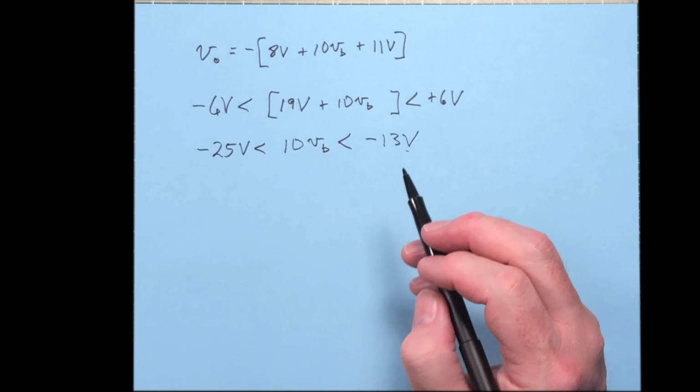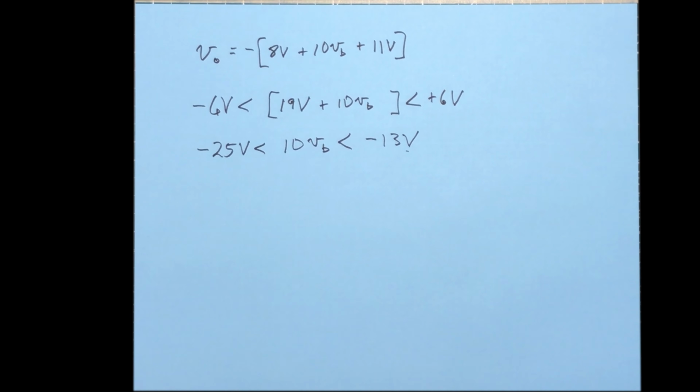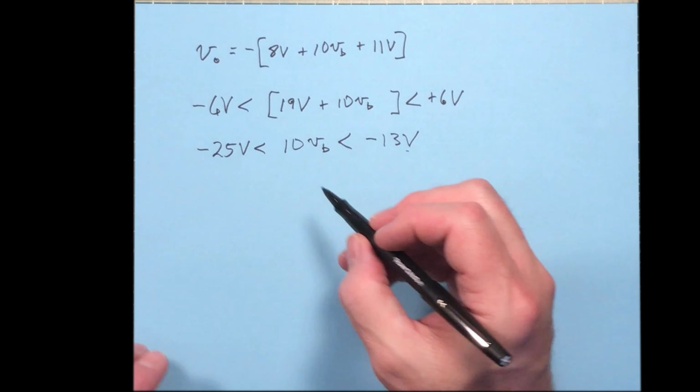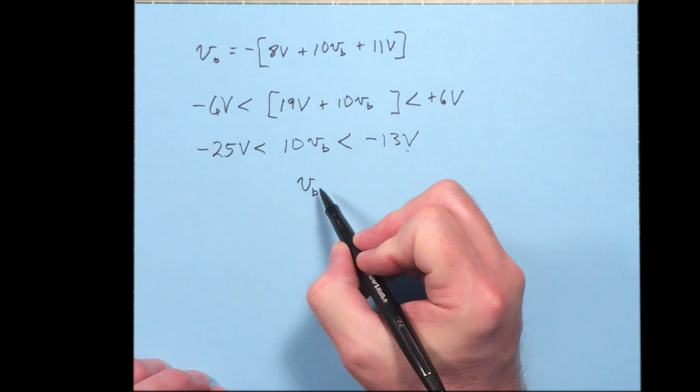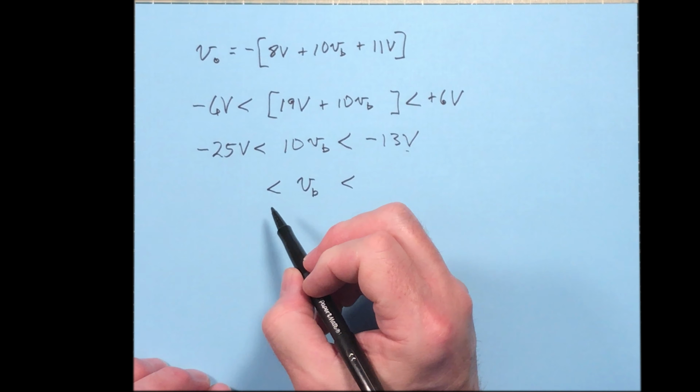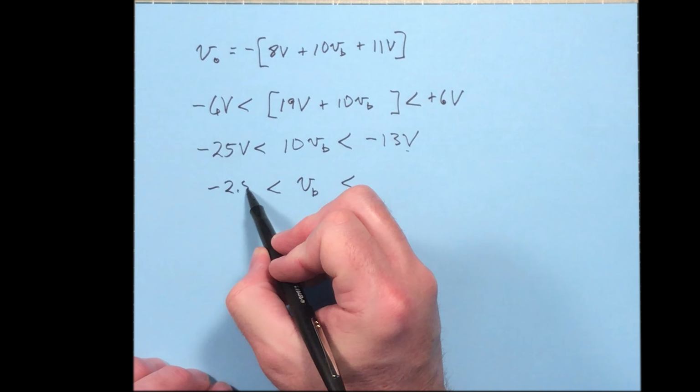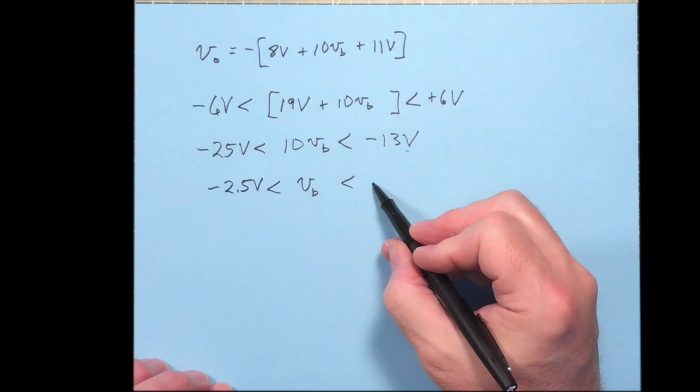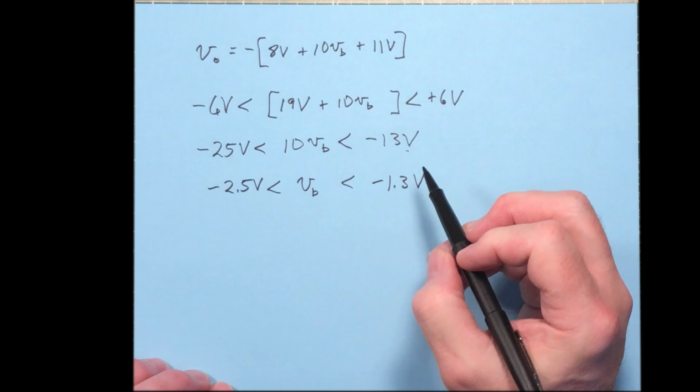I'm not checking this, I sure hope I'm doing my arithmetic correctly. Okay, now we need to divide by 10. And V sub B is going to be in the range of negative 2.5 volts to negative 1.3 volts.